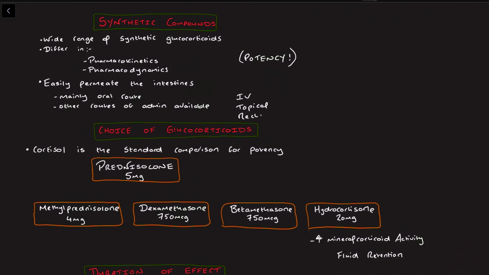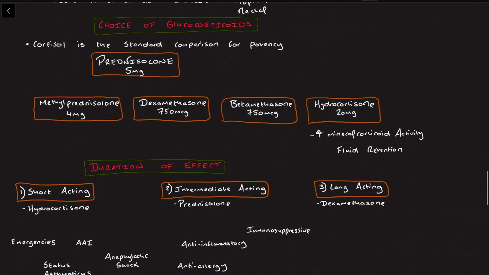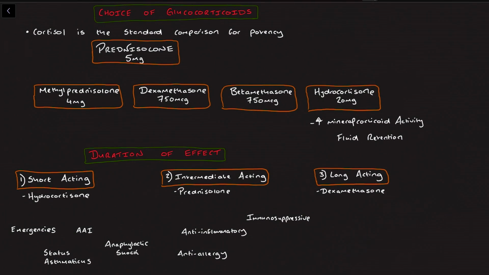So glucocorticoid potency and duration of effect varies. Cortisol, which some sources refer to as hydrocortisone, is the standard comparison for glucocorticoid potency. So, for example, if we mark prednisolone as having 5 milligrams as the potency value, we can compare the amount of other steroids needed to equate to that.